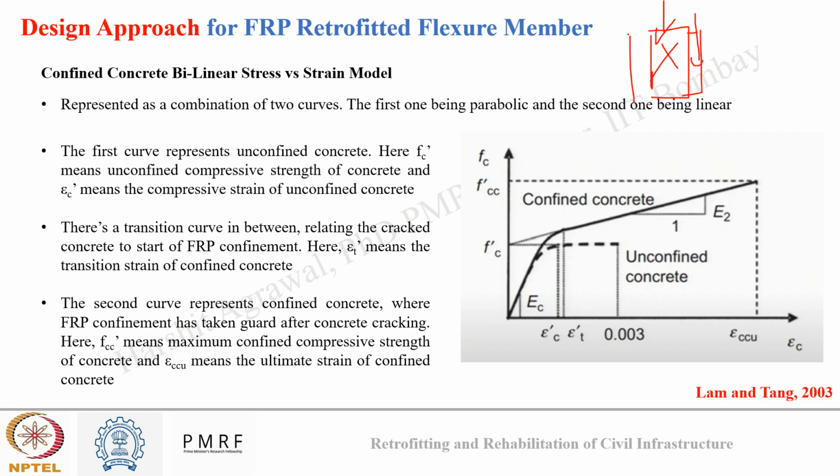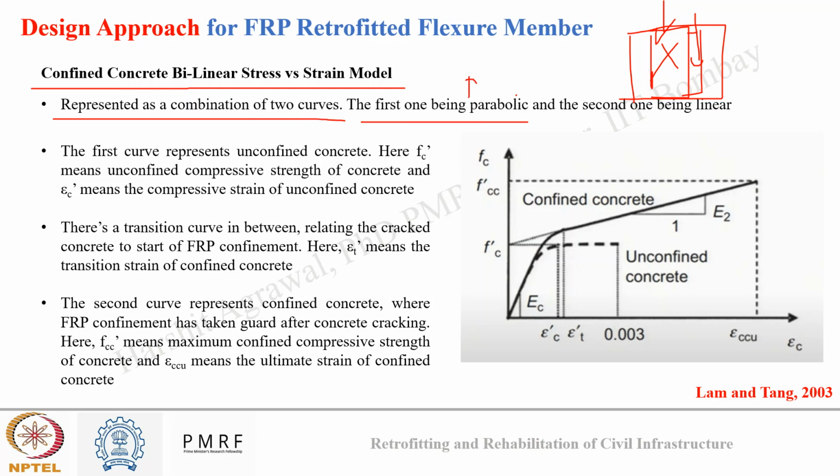So this is a bilinear stress-strain behavior. The confined concrete behavior is represented by two curves. The first is the parabolic curve, which governs the concrete behavior, and the second is the linear curve, which governs the FRP behavior. The first curve represents the unconfined concrete, where f'c is the unconfined compressive strength of concrete and epsilon c' is the corresponding strain in unconfined concrete. That is very clear to us.